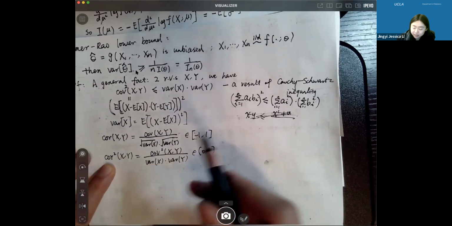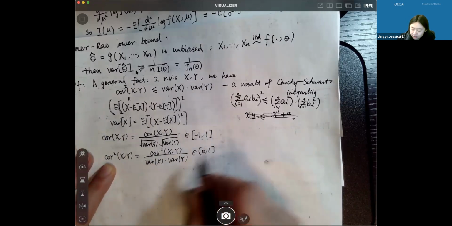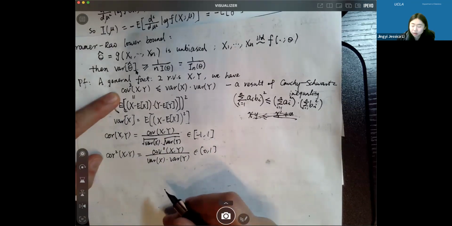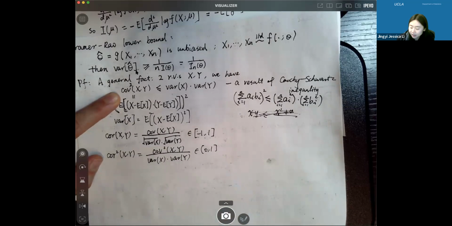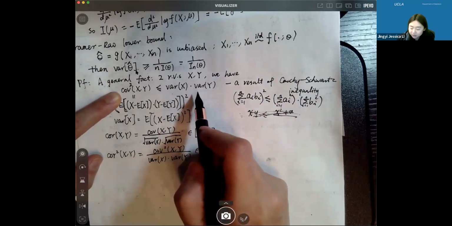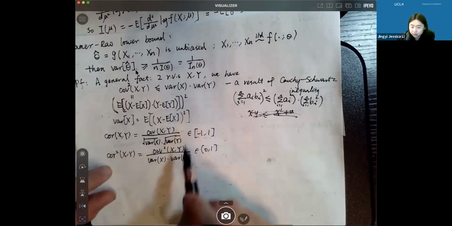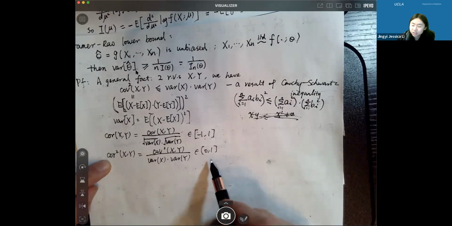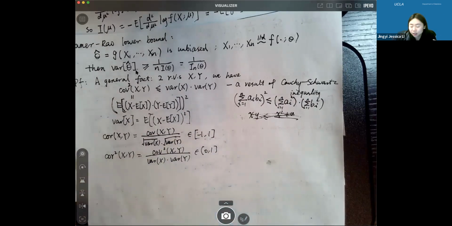Since this is less than or equal to 1, we can go back to this result from the Cauchy-Schwarz. But I should say that Cauchy-Schwarz is the reason for this inequality. Because of this inequality, when we go to the Pearson correlation squared, we have the square under 1. But if you know the definition of the Pearson correlation, it's easier to remember this result, the direction. Okay, so we're going to use this general fact, right?